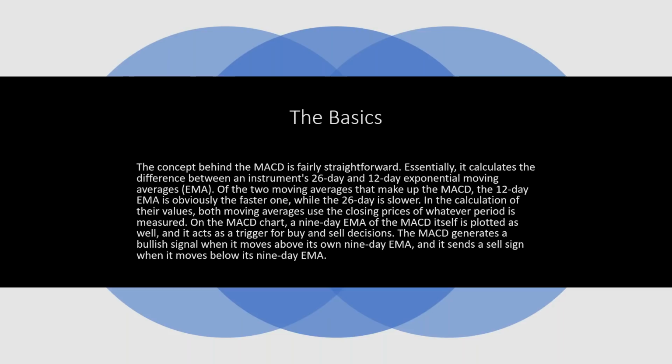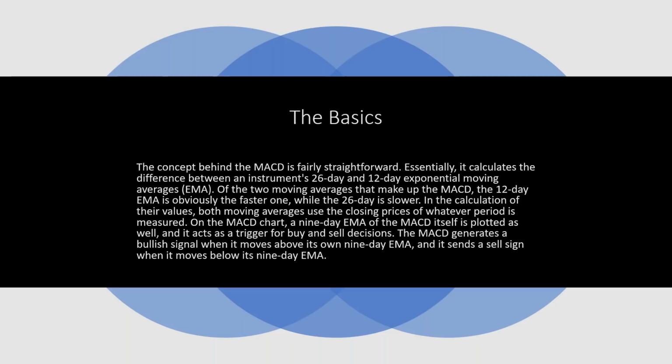The reason being, a 12-period moving average is the last 12 prices. If you're looking at a half-hour chart and the last 12 prices, that's 6 hours of trading, and it's reacting to the last 6 hours. When you use a 26-period moving average, that's reacting to the last 26 half hours, the last 13 hours.